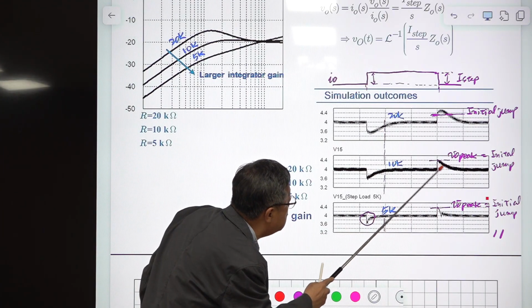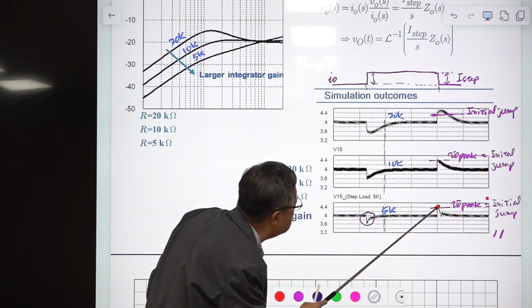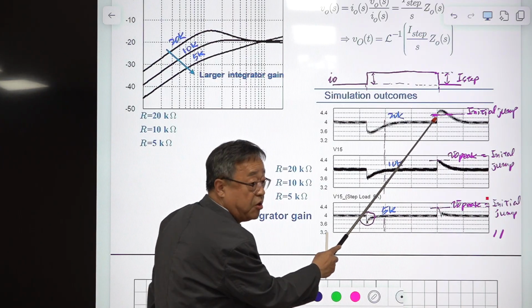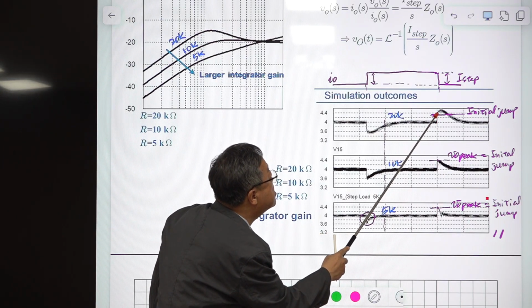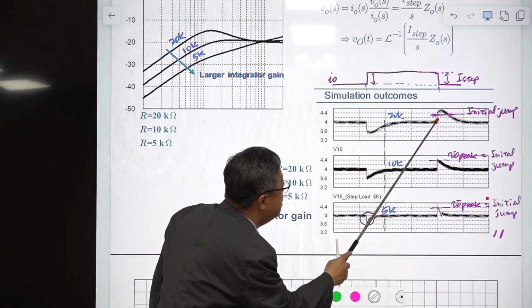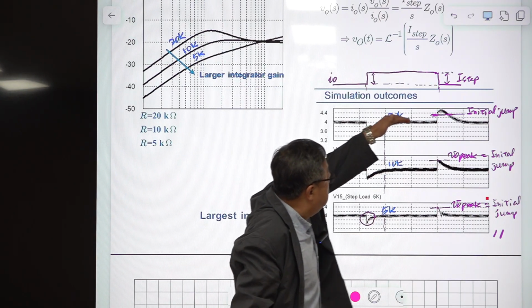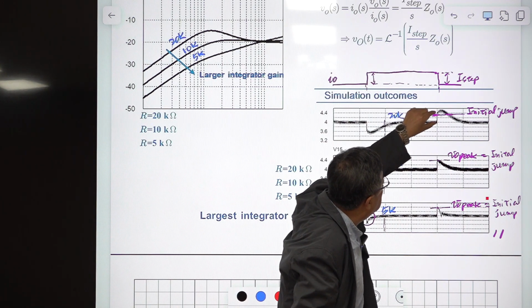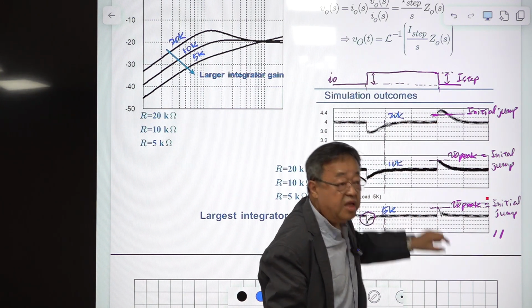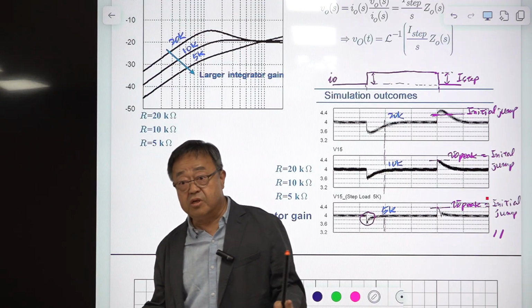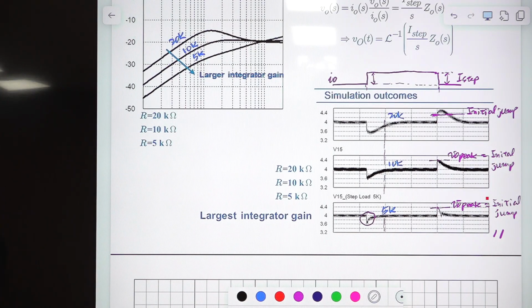Initial jump is the same here. There is an initial jump, and it is increasing in exponential function like this. But if you take a look at initial jump here, they are all the same, and initial jump always occurs in this fashion.